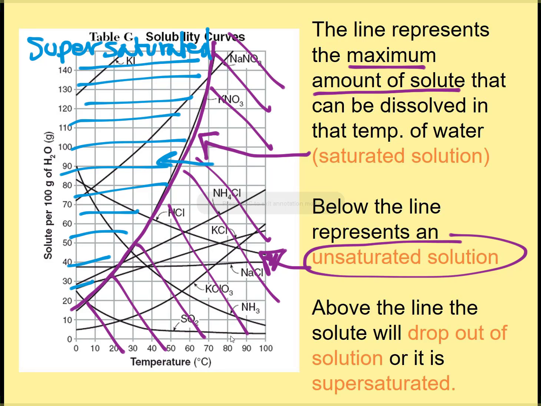So if I was right here, it would be unsaturated, but if I cooled it down, sometimes right when you cross that line, solid is going to appear. And there is a video link with this video that you can see that it drops out of solution.